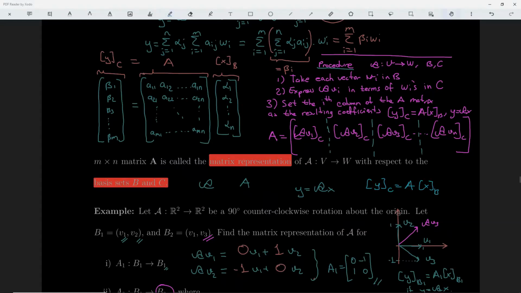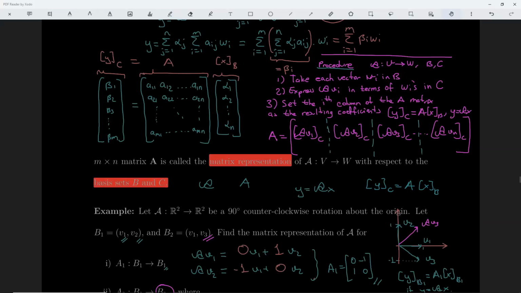And we also said that you can write down a procedure for that: you take each vector in B, the basis set in your domain, and transform them through the linear transformation A, and you get the resulting vectors in terms of the basis vectors in C. And we put those coefficients in the columns of our matrix.